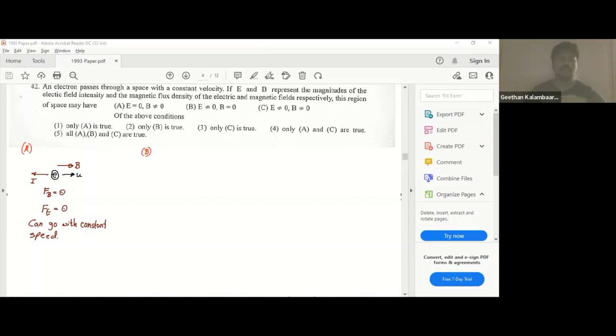B. Electric field is not zero, but the magnetic field is zero. This is absolutely chaos, because if there is an electric field towards any direction, there should be an electric force. Say the electric field is towards this side. Definitely there is an electric force towards the other side.